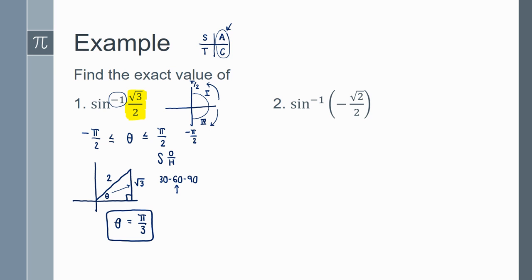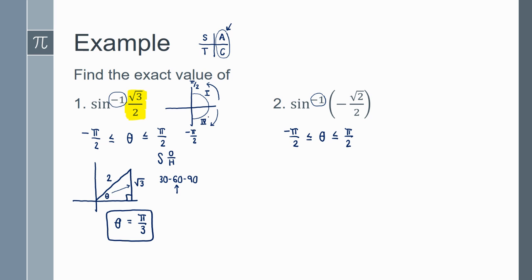Okay, so if we take a look at this next one, we have the inverse sine of -√2 over 2. Once again, because we're dealing with the inverse, that means we're trying to find an angle measure. And when we're dealing with sine, we have the restriction that we have to have an angle value between -pi/2 and +pi/2.